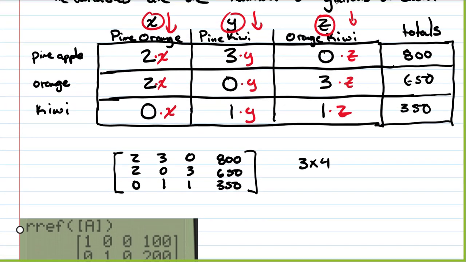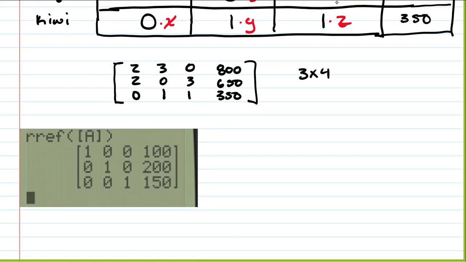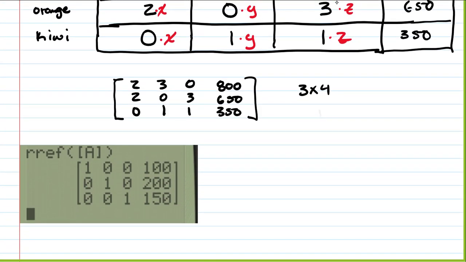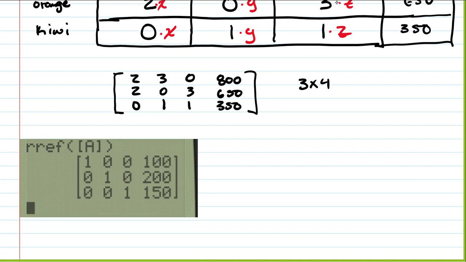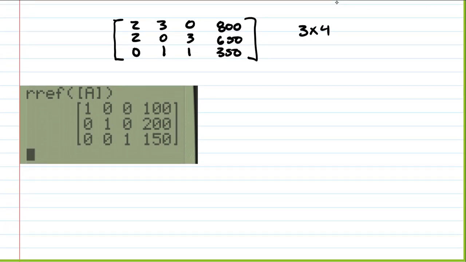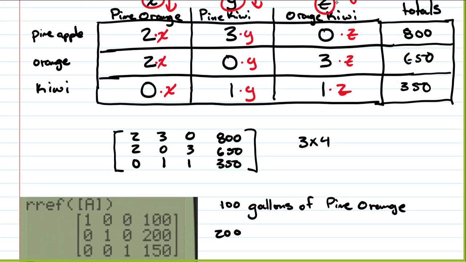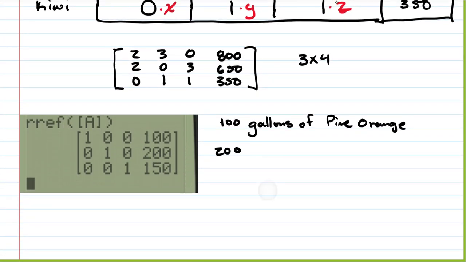So in terms of my table, this is going to be my how much pine orange. So it's going to be 100 gallons of pine orange. Second one, it's going to be 200 gallons of pine kiwi.